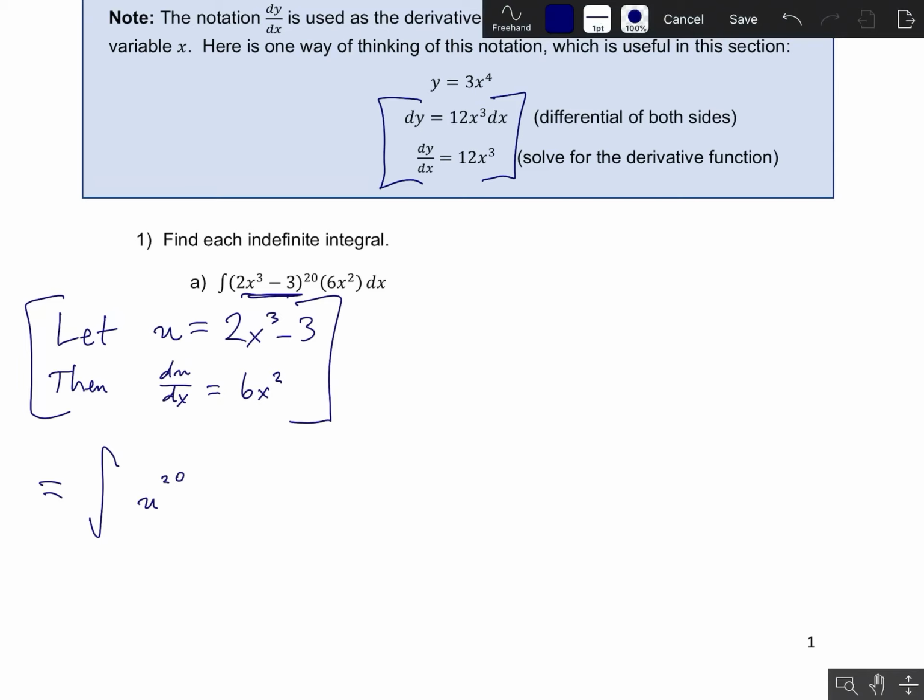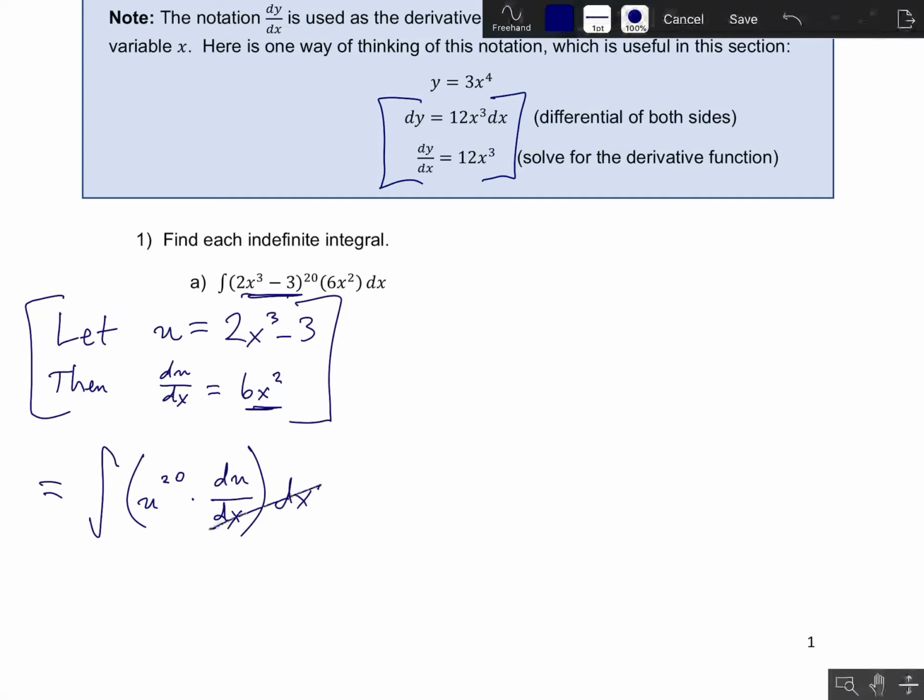So instead of a 6x squared, I don't want to write that because it involves some x's, but I do see that 6x squared can be written as du dx. So I'm going to replace the 6x squared with a du dx, and then we still have that dx sitting around on the outside. So I've replaced my integrand with a u to the 20th times du dx.